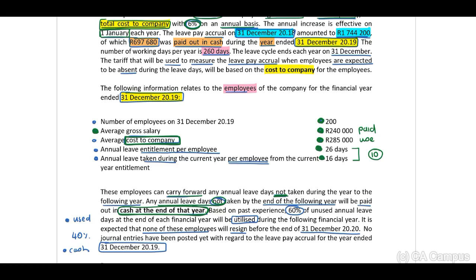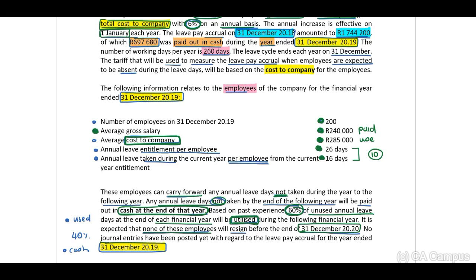Okay. Based on past experience, 60% of the unused annual leave days at the end of each financial year will be utilized. They will use this in the following year. It is expected that none of the employees will resign before the end of December 20.20. No journal entries have been posted yet for the year end 31 December 20.19. Okay.